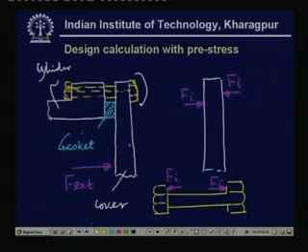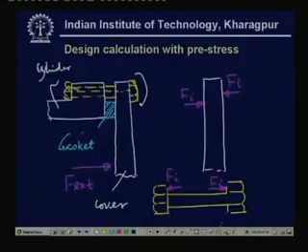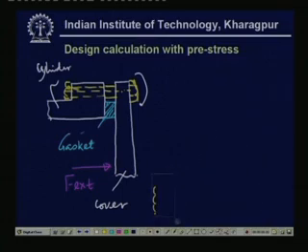When we apply external force on the cover plate, there are a number of bolts equally spaced along some circle on the cover plate. If you draw the top view of the cylinder, if this is a cylinder, then there will be a number of bolts.